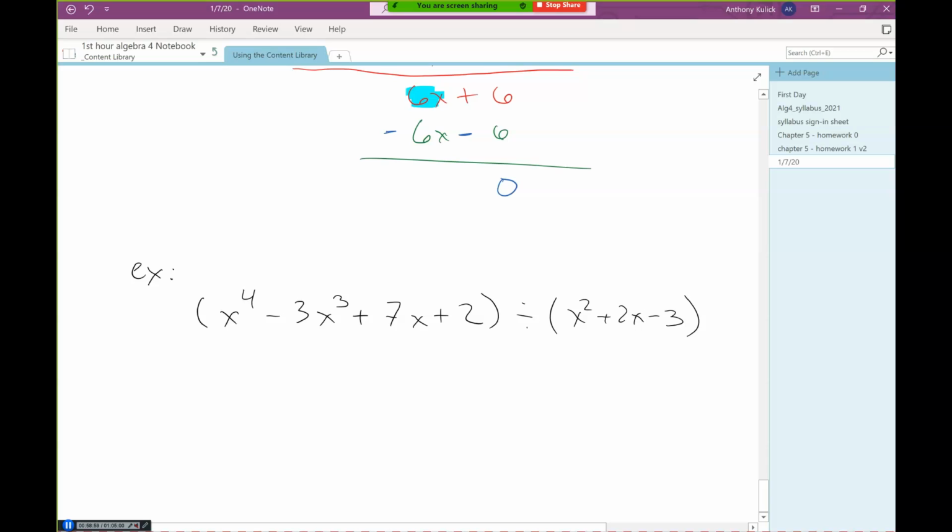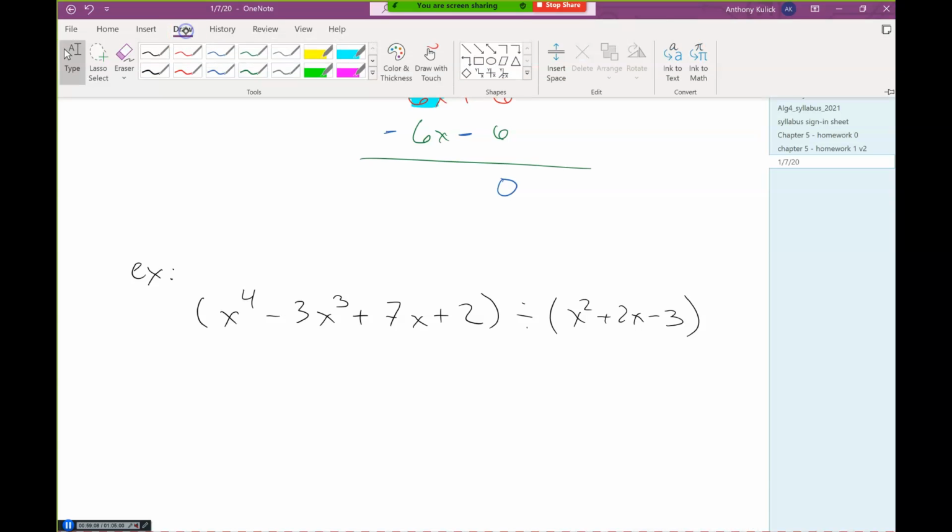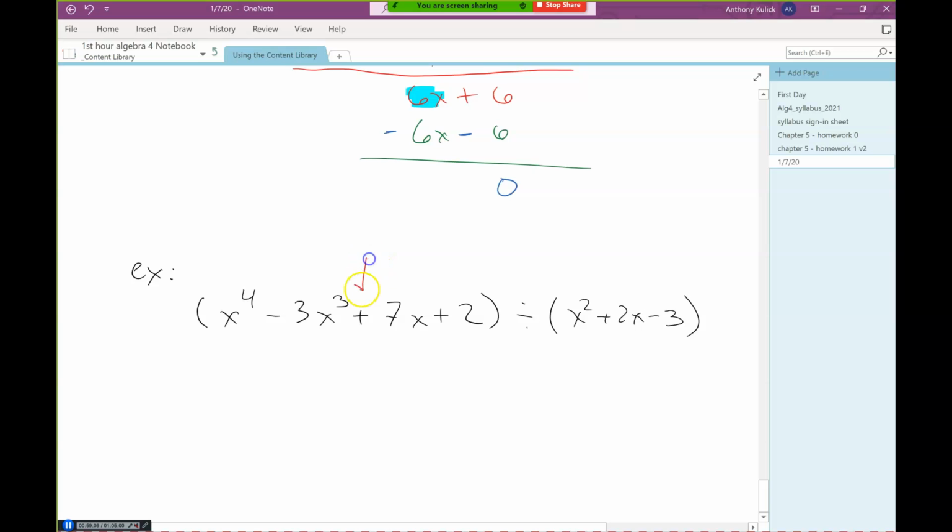But there's something going on with that dividend that didn't happen in the previous one. That's really important. We're missing an x squared term, right? We go from x to the third to x, but there's a missing piece there.